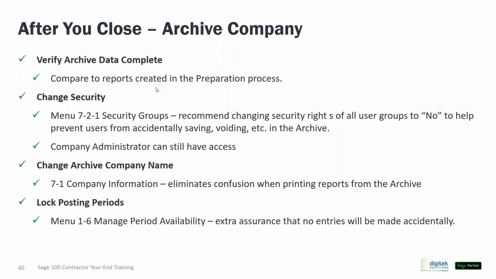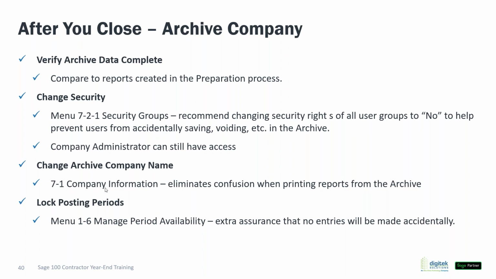Another thing is I want to make sure that I am locking that archive database again so that nobody can get in there and change it. So in the archive database, I'm going to go to the 721 security groups. I'm going to change everything to a no. Company administrator can always go back and change things if they need to.